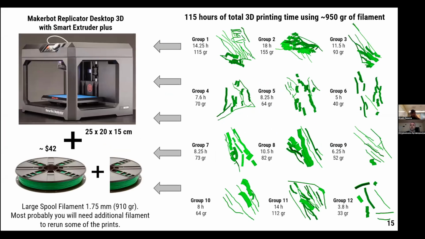And so in the end, I had these 12 groups that represent the model. And we 3D print each of these groups for approximately 120 hours total 3D printing time, and about a kilogram of filament. 120 hours, of course, is if everything goes smoothly.